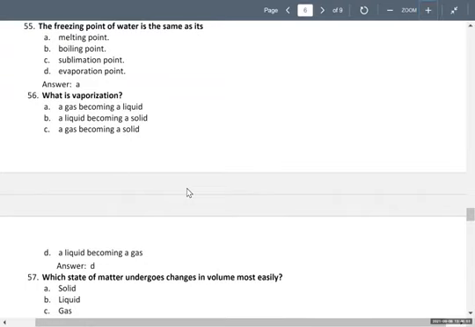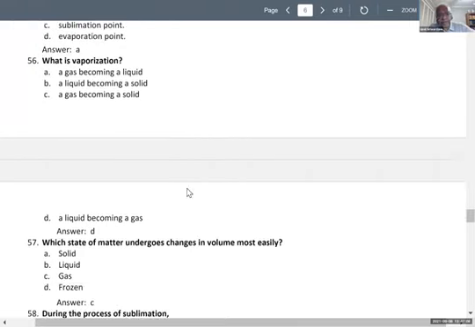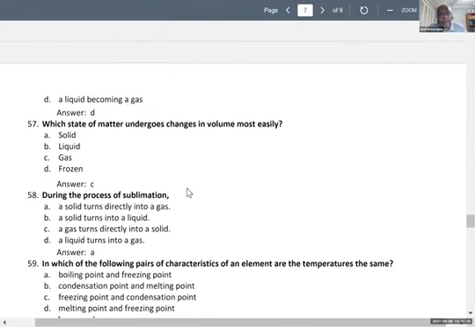Vaporization is liquid going to a gas. What is vaporization? D. Liquid becomes gas. Gas becoming liquid is condensation. Okay, if you didn't know about it. Which state of matter undergoes changes in volume most easily?